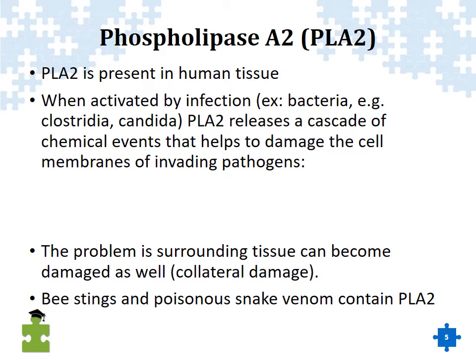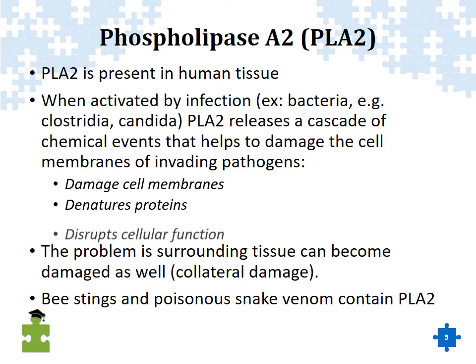Chronic infections, as I mentioned, like Candida, even Clostridia, can release phospholipase A2. And again, too much of this can have a cell damaging effect. It can damage the cell membranes, that membrane that protects the inner workings of the cell. It can denature proteins, which then affect cellular function as well as organ function throughout the body.